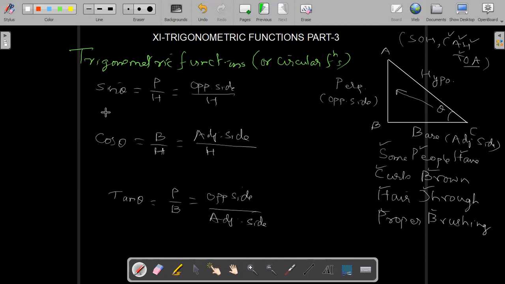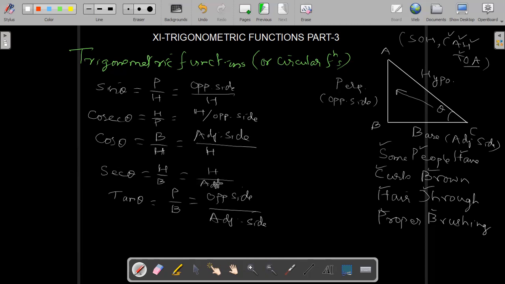And you know that the reciprocal of sine theta is cosec theta, so cosec theta will be H upon P, or H upon opposite side. And sec theta will be equal to H upon B. I will use hypotenuse, base, and perpendicular instead of adjacent and opposite.